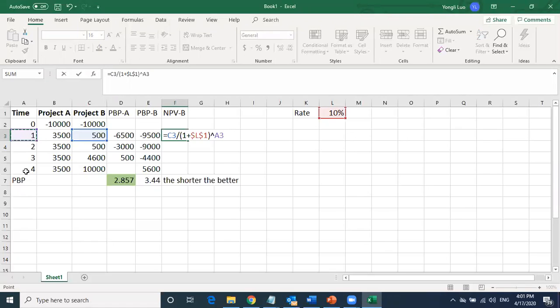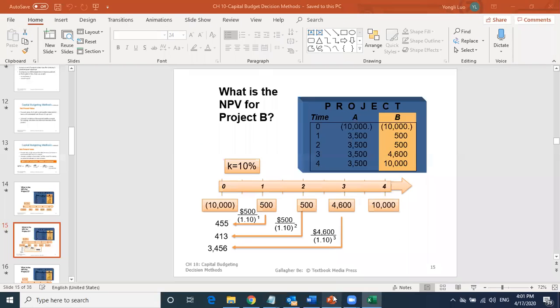So you can see the 500, if you compare that 500 a year later, actually the present value is 454, right? This is the 454 or 455. You discount for one time period, the present value is less than that 500.